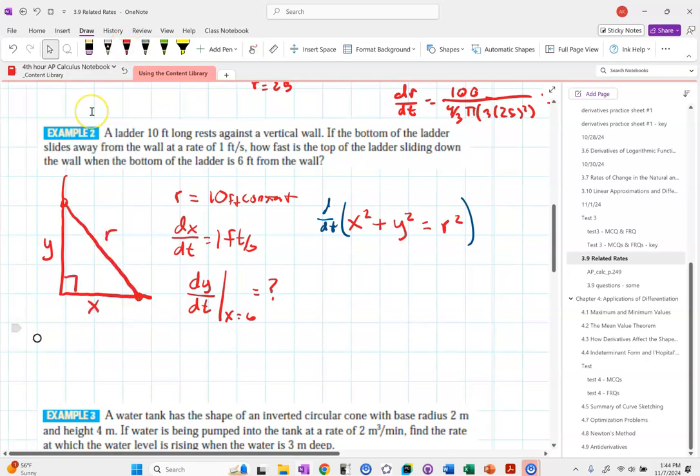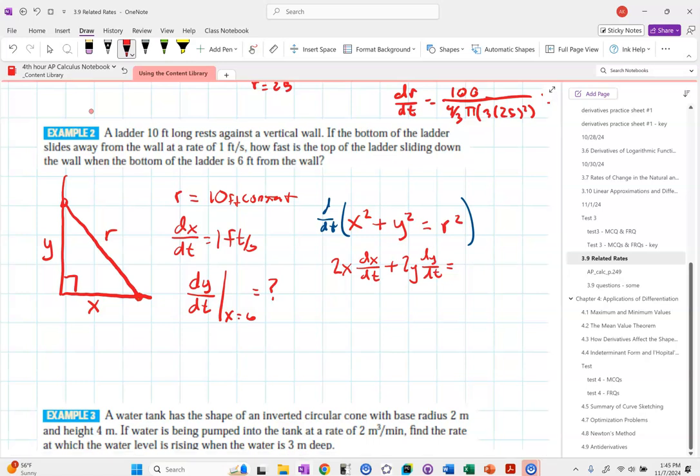What's the derivative of x squared going to be? 2x dx/dt. What's the derivative of y squared? 2y dy/dt. And what's the derivative of r squared going to be? Nope, 0. Why is it 0? r is a constant.